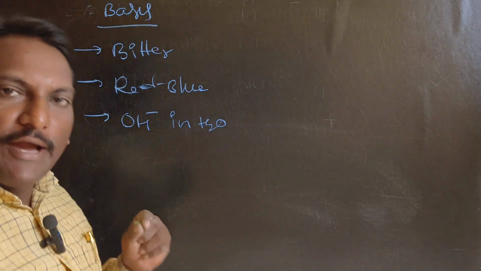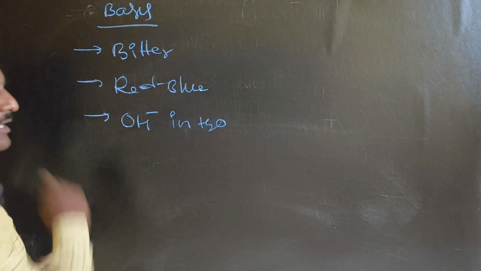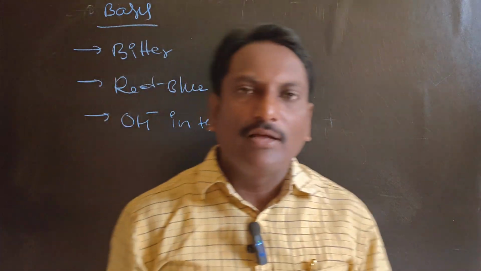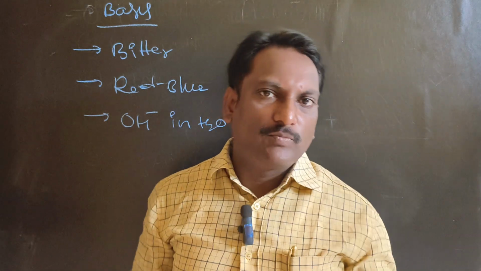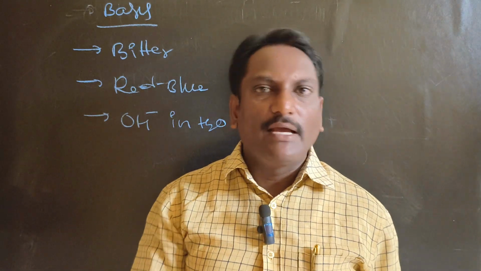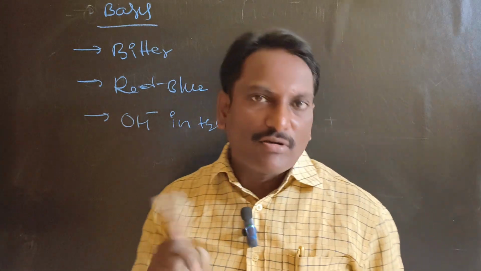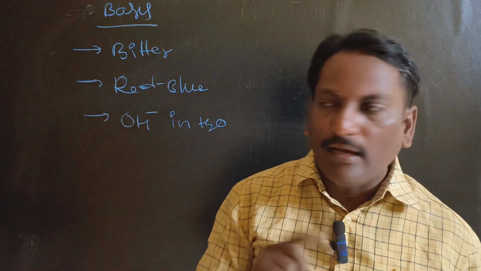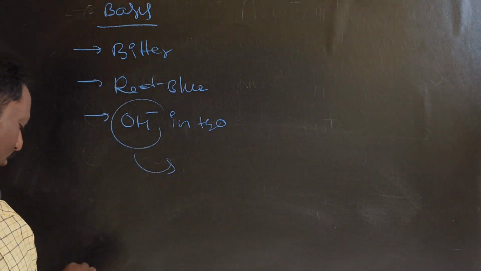OH minus ion is called hydroxide ion or hydroxyl ion. When bases are dropped in water, they split into OH minus ion and metal ions. Please write down that hydroxide or hydroxyl ion.